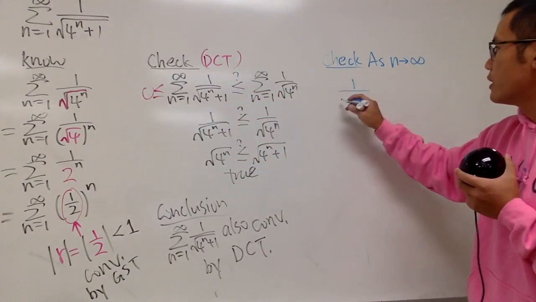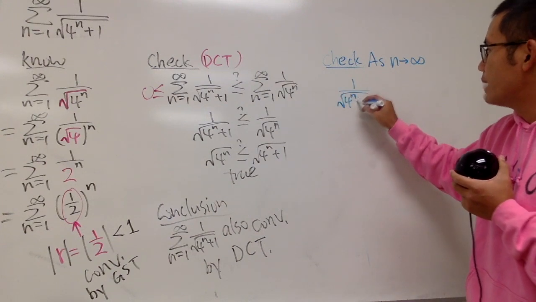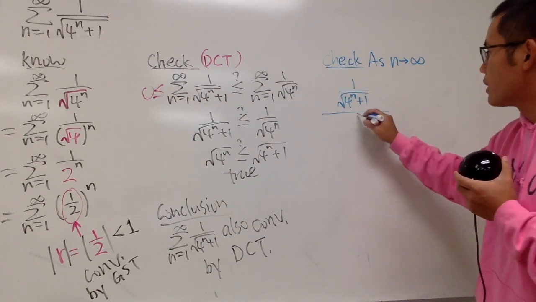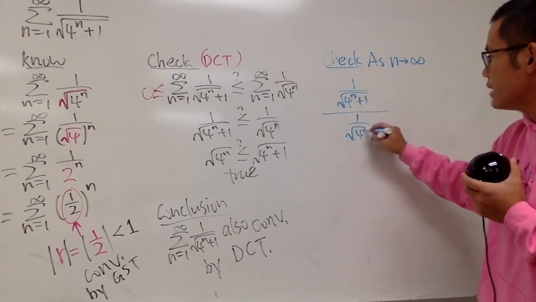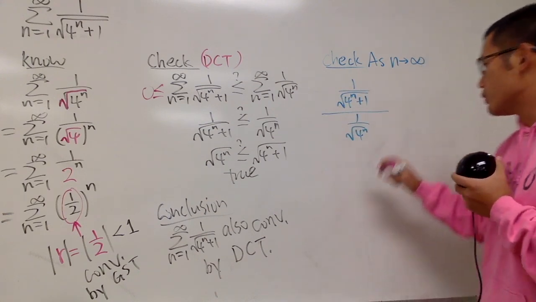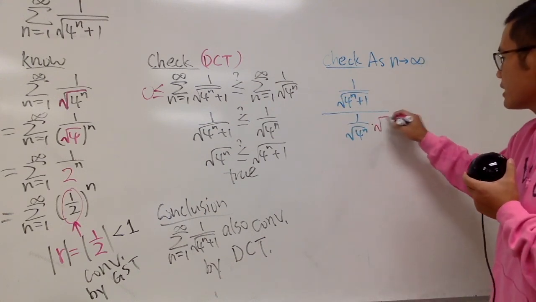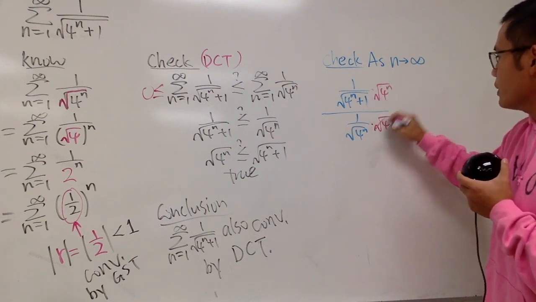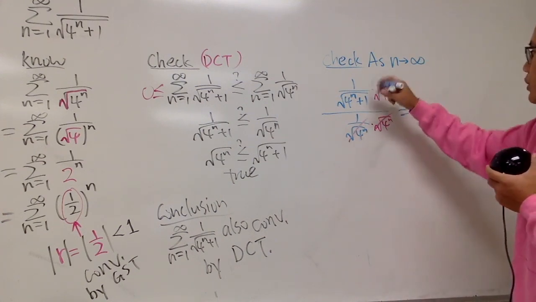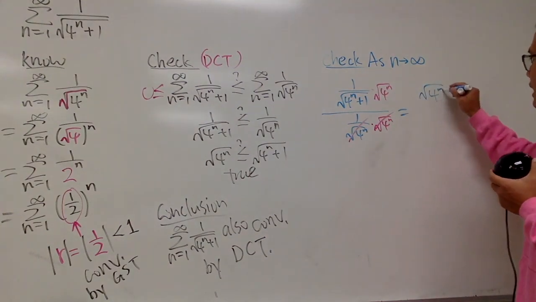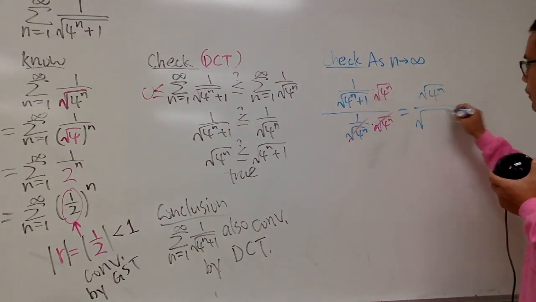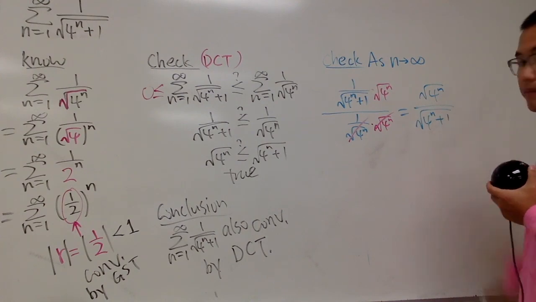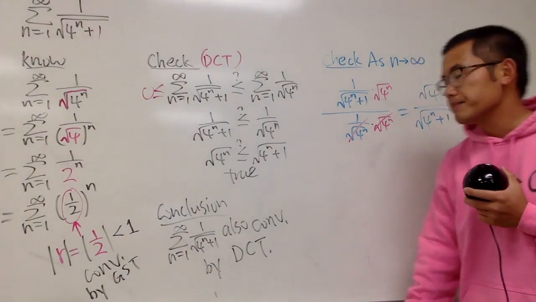So we have 1 over square root of 4 to the n plus 1 over 1 over square root of 4 to the n. Let's multiply this on the top and on the bottom so that we can simplify this real quick. And this is just square root of 4 to the n over square root of 4 to the n plus 1.